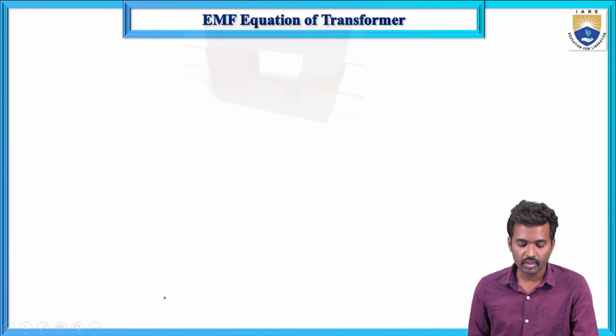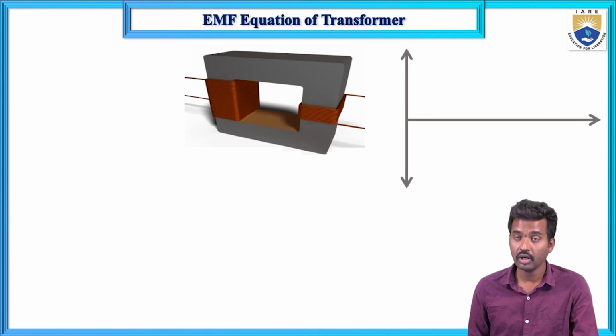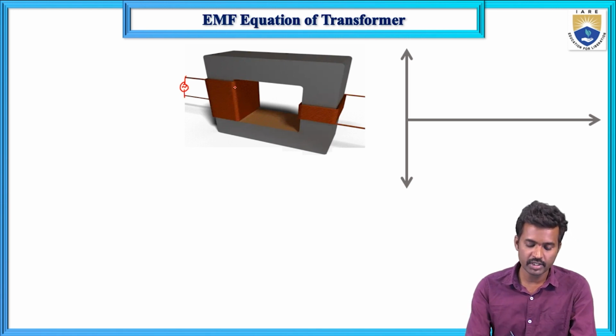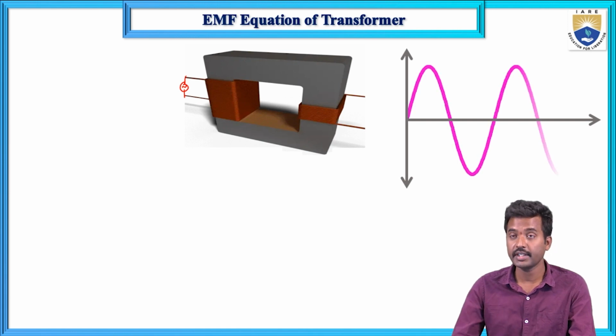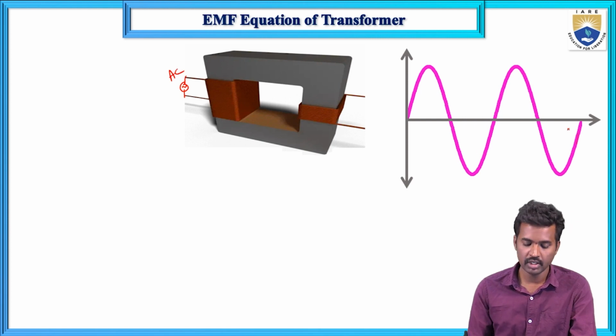So this is the diagram as we have seen. Now, supply is given to the transformer primary, and that supply is a sine wave, an AC supply. When you give the supply voltage to the primary winding, current I1 flows in the primary winding, and this current sets up the flux.